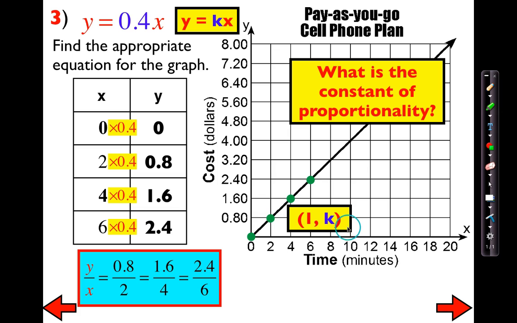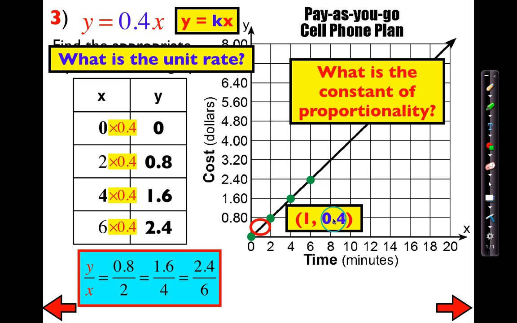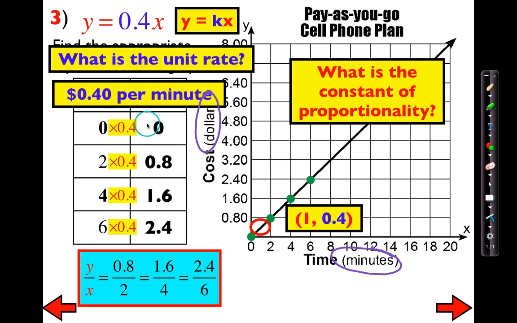We would know that this (1, k) would be (1, 4/10), right? So what is the unit rate? The unit rate is 0.4. I know that, but what are the actual units? Well, it's going to be dollars per minute. So since it's money, I would add an additional 0, so it would be 40 cents per minute.